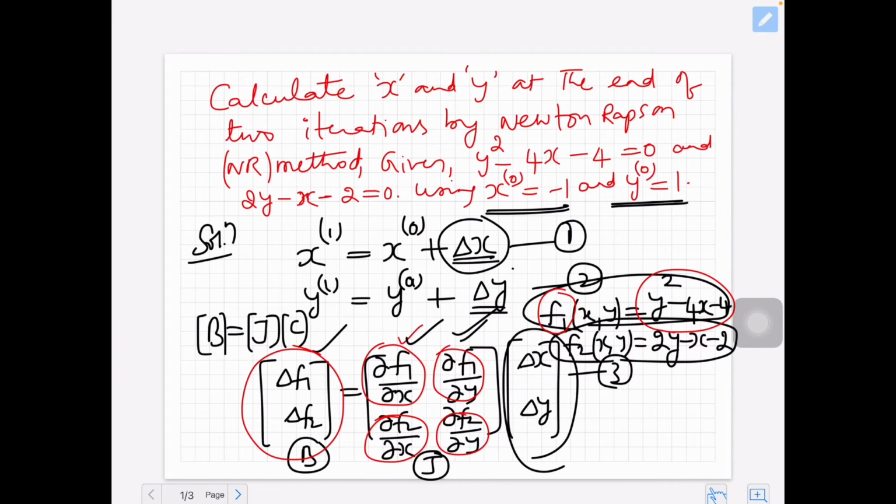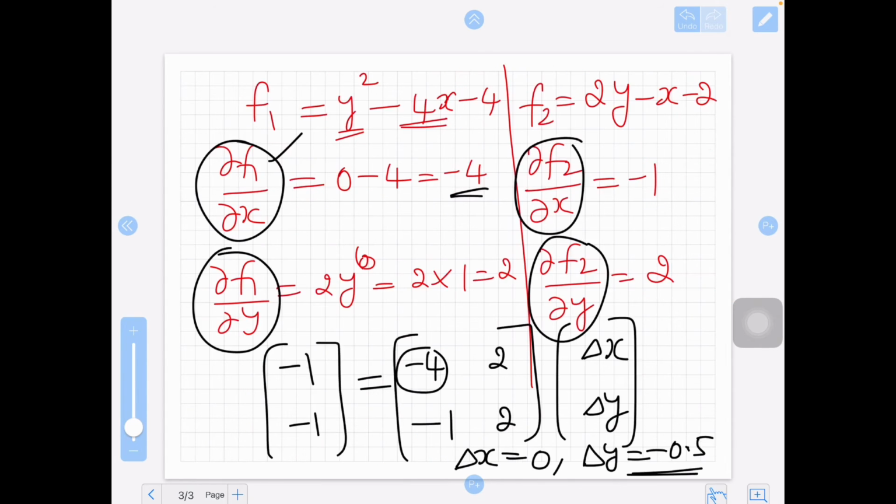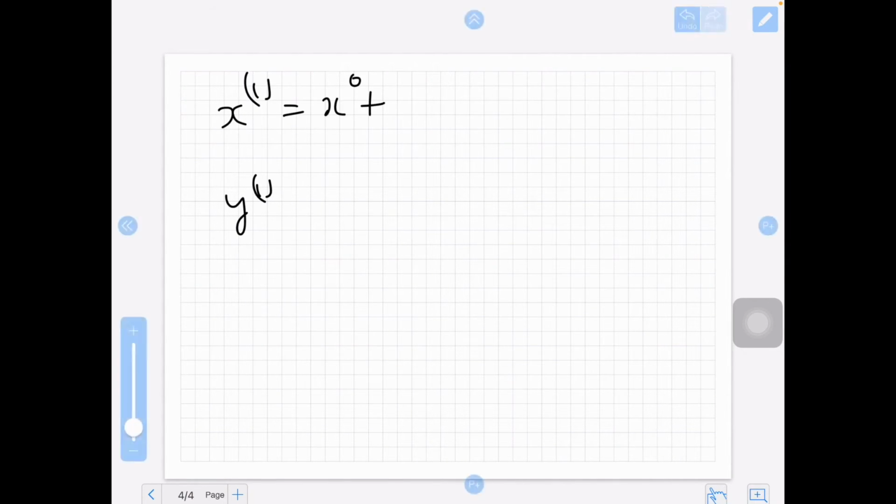See here, delta x and delta y, the initial values we know, substitute and get, at the end of the first iteration, the values of x1 and y1. So this is x of 0 plus delta x. See, x of 0 initially they have given in the problem as minus 1. We found delta x is 0, so this is minus 1.